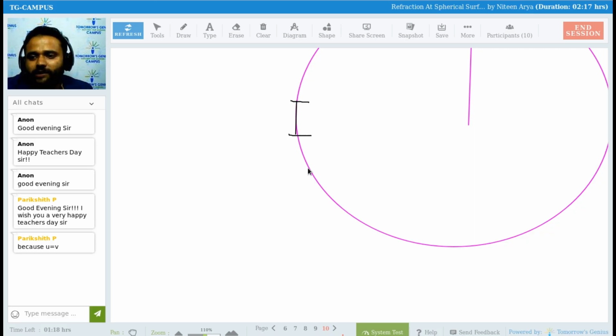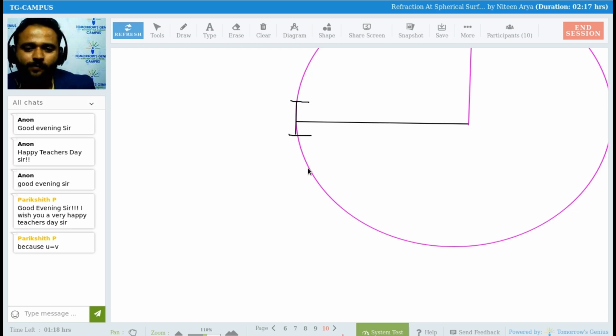For this particular small section, the radius of curvature is very, very large. And in physics, what is infinite? In mathematics, infinite means an undefined value, like 1 by 0. But in physics, we can define infinite.